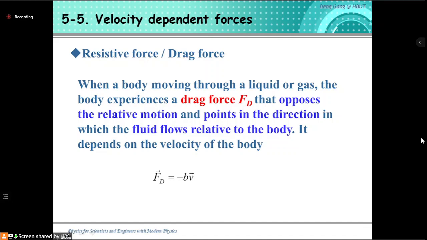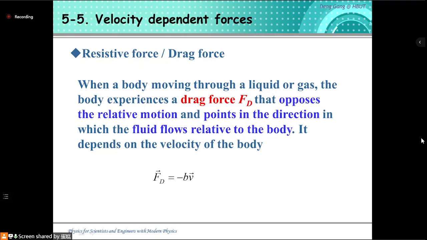So just like the drag force due to the air, when you are moving in the air, there will be a drag force in the opposite direction. This force usually is proportional to the speed. Here, the minus sign means the opposite direction.